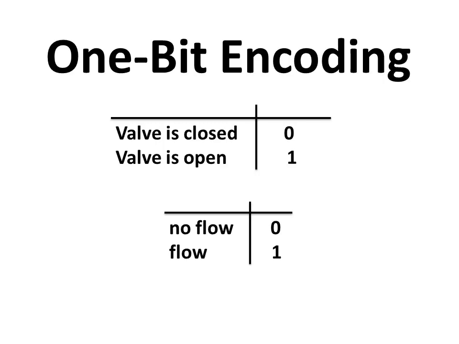And at the bottom of the tank and after the valves, if there's no flow, we will assign a logic 0, and if there's flow, we'll assign a logic 1. So we have two different 1-bit encoding tables, and they're pretty simple.